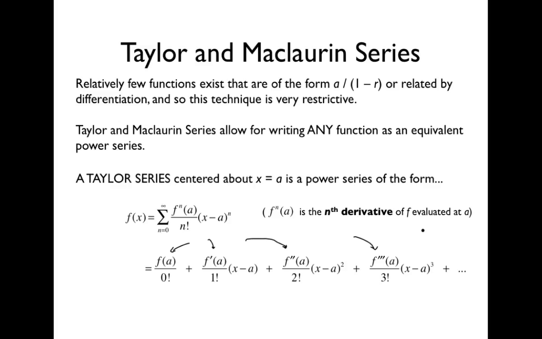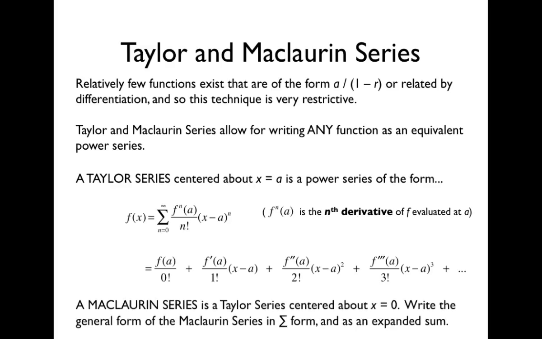You just fill in the factorials in the denominators, and then these factors of x minus a. So you just write those down. So the real work comes in finding the derivatives, all the derivatives evaluated at a. Okay, and then we said a Maclaurin series is a specific Taylor series, and that's when you're centering at 0.